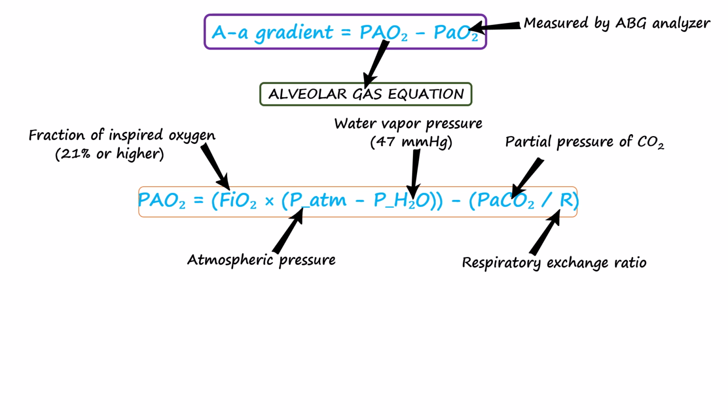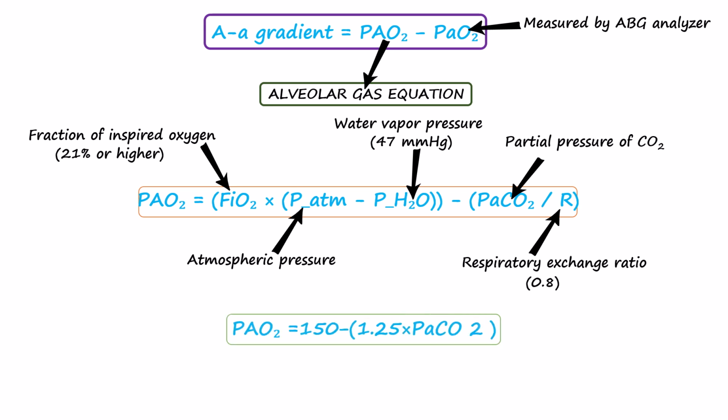Under normal physiological conditions, this ratio is approximately 0.8. At the cellular level, this means that for every molecule of oxygen consumed during metabolism, approximately 0.8 molecules of carbon dioxide are produced. For quick clinical assessment when using room air at sea level, we can further simplify the equation.